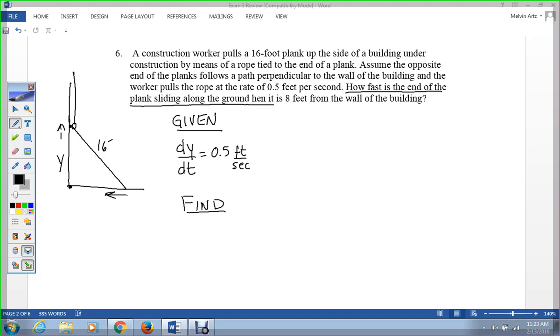So I'm going to label the distance from the bottom of the plank to where the building and the ground intersect as x. So we would be wanting to find dx dt. And when do we want to find dx dt? When the bottom of the plank is 8 feet from the wall. So when x equals 8.